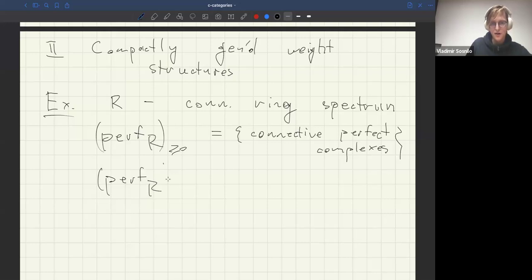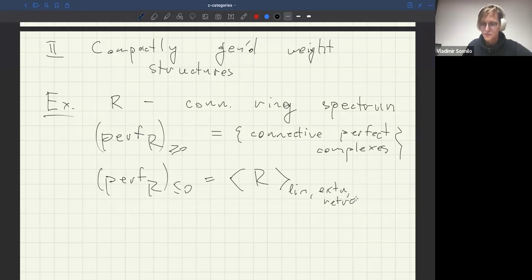And Perf R less or equal than 0 doesn't have such a familiar description, but nevertheless you can describe it as the closure of the set consisting of the object R, the free module over itself, closed under arbitrary finite limits, extensions and retracts. So in particular, it contains all the loops of R and all the direct sums.